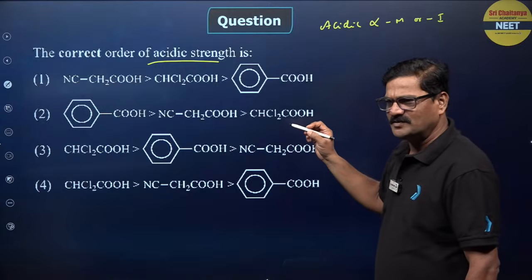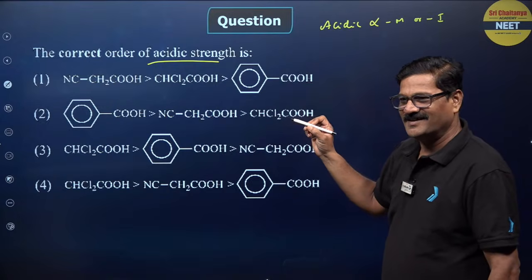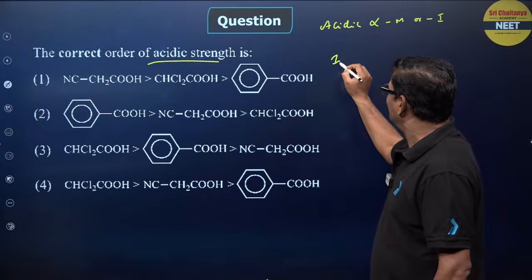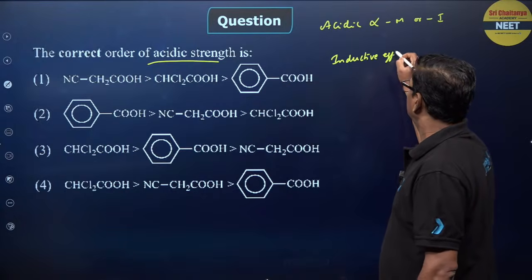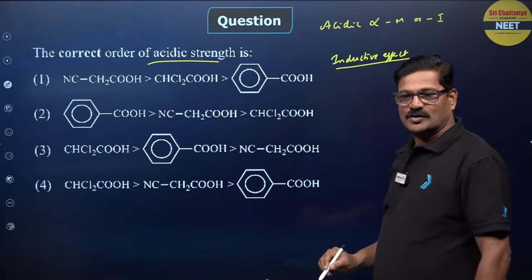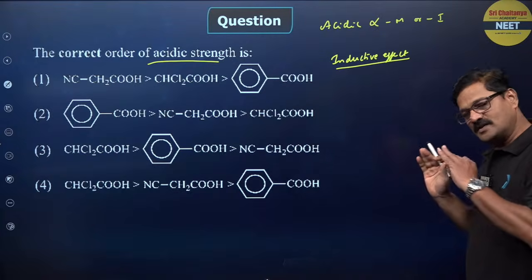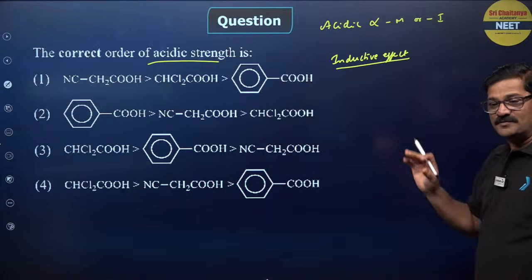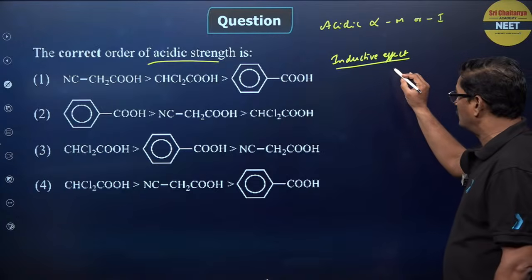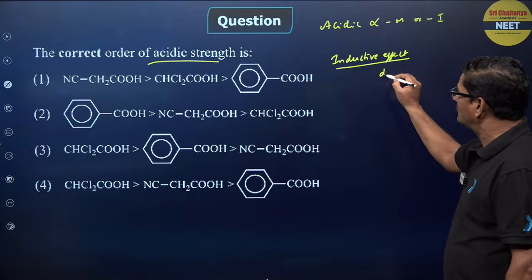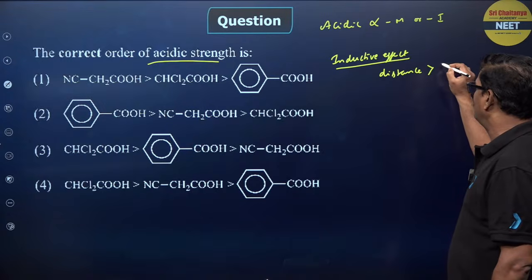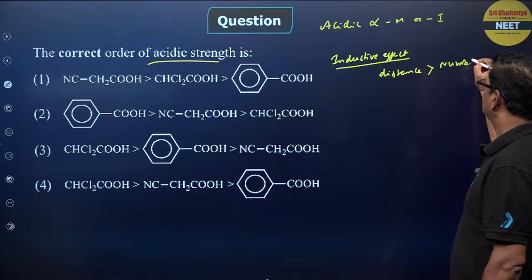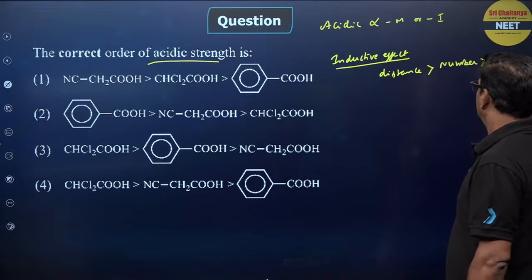Whenever it is inductive effect, you have to talk about aliphatic is always greater than aromatic. If negative inductive effect is there, I just want to say here, you have to say distance should be given priority, then number, then power.